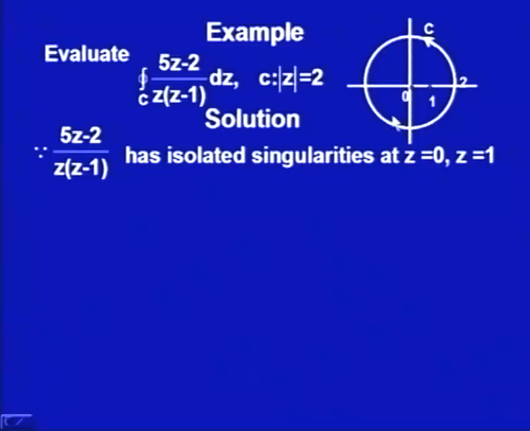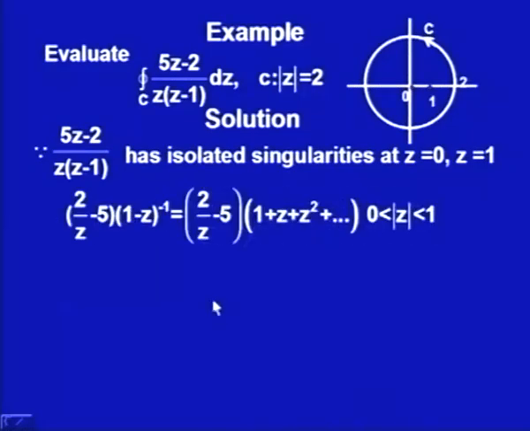Now we can apply the residue theorem, which says the integral along this contour is the summation of the residues at 0 and at 1, multiplied by 2 pi i. So, for that we require the residue of this function at 0 and at 1.